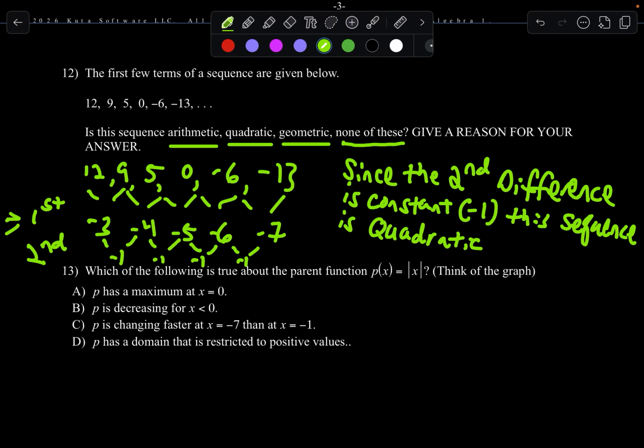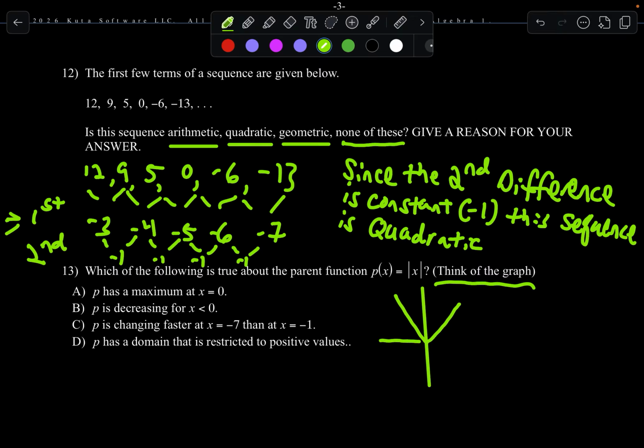All right, number 13 is a thinking question. They said, which of the following is true about the parent function p of x equals the absolute value of x? I put in a suggestion, think of the graph. So first thing that comes to mind is, what is the graph of absolute value of x? It's a V, centered at the origin, okay?